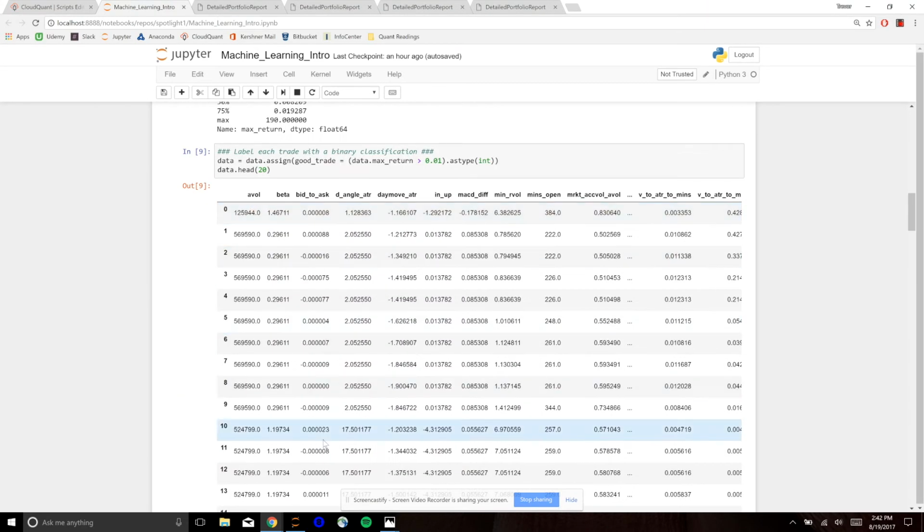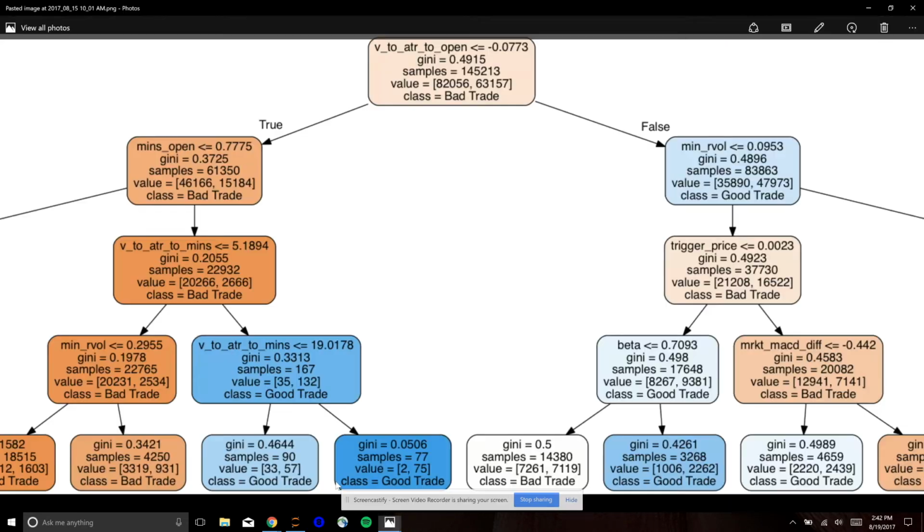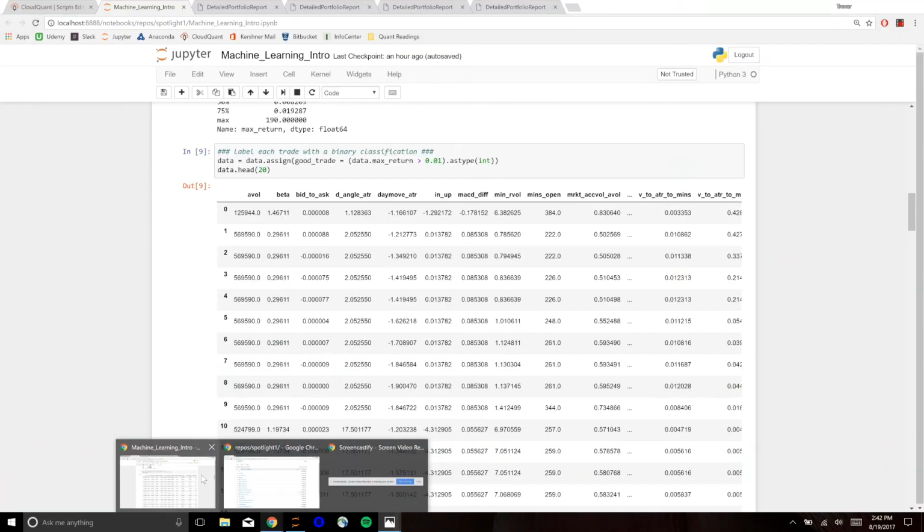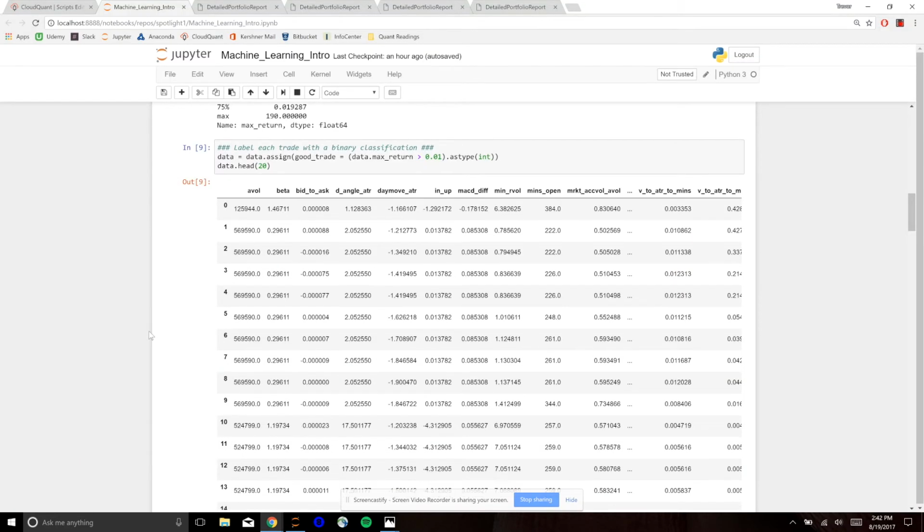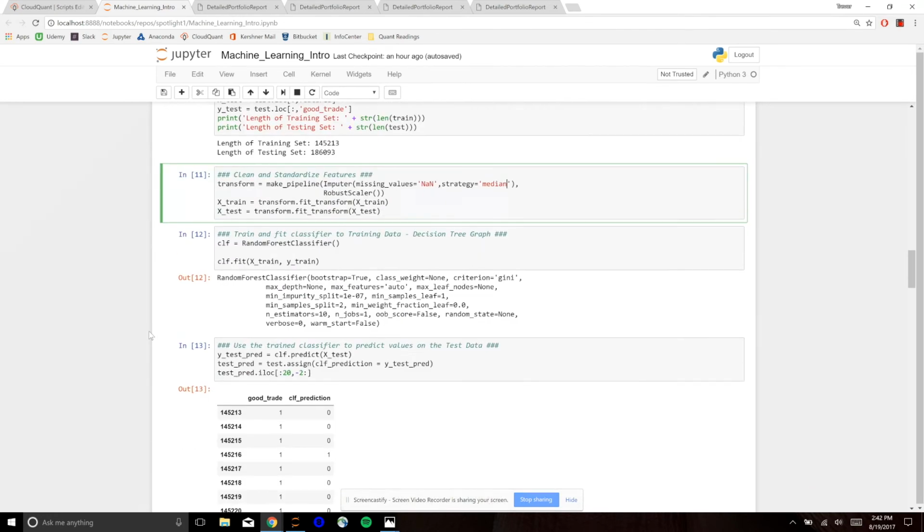We gave a value of 2, and then back over here, this decision tree, when it's making thresholds, it now sees, oh wow, there's all these trades that have a value of 2 for the minutes open. We're going to create a new branch based on that, when really those values at 2 were just values that we gave it because it can't have Nan values. So you don't really want that. Median, because I have some outliers, was the best way for me to kind of get the machine learning algorithm to not pay attention to these Nan values.